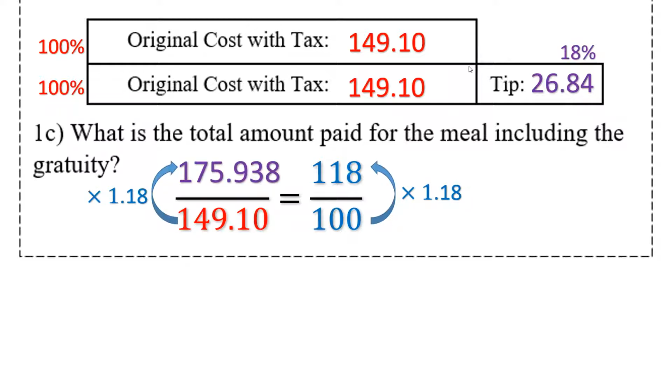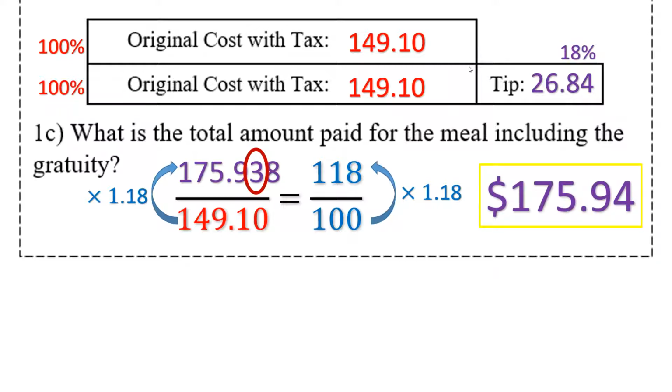Of course, you could also do 149.10 plus 26.84. So once again, doing this method, you'd have to round. So you could just add these two since we already did the math above, but this is another method where you can say, well, the total cost is going to be 118% because the tip we want to give is 18%.